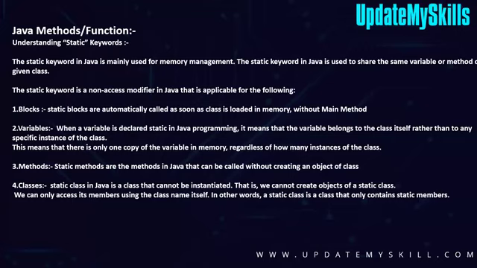Why do you need this kind of static keyword? Take the example of a bank transfer. You send money to your friends and receive money from friends, through bank transfer or PhonePe. What is the common thing? Your account number and your routing number never change for you, so you don't need to change that variable every time.